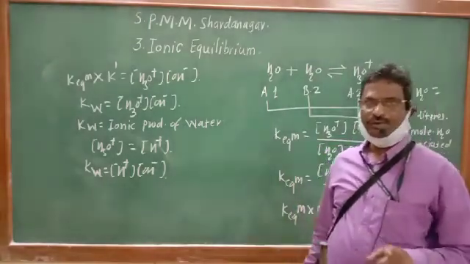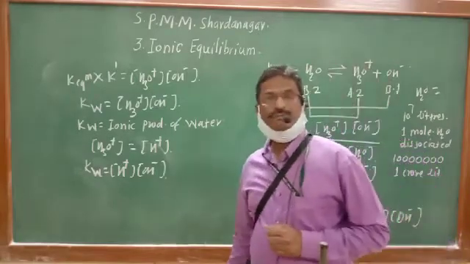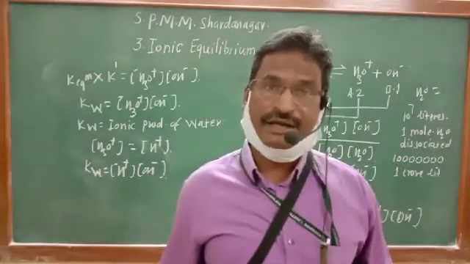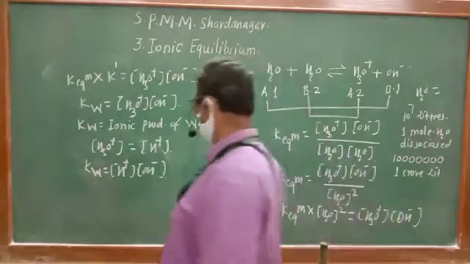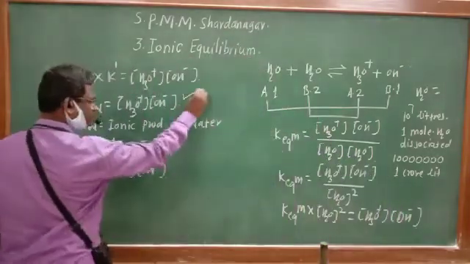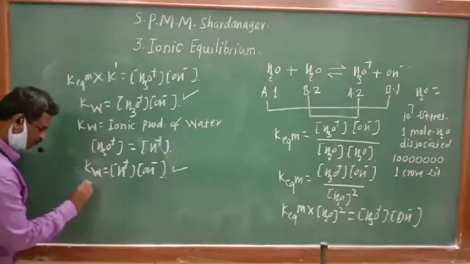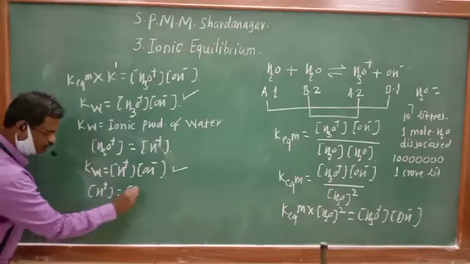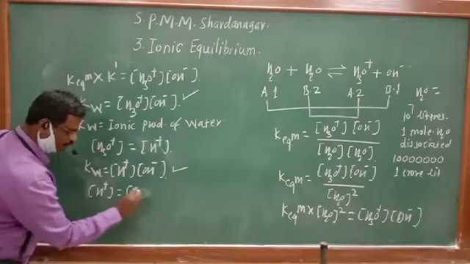Now, we have to find out the value, the magnitude, of the ionic product of water. This is the equation or this is the equation. Kw or concentration of H plus ion, which is equal to concentration of H3O plus ion.